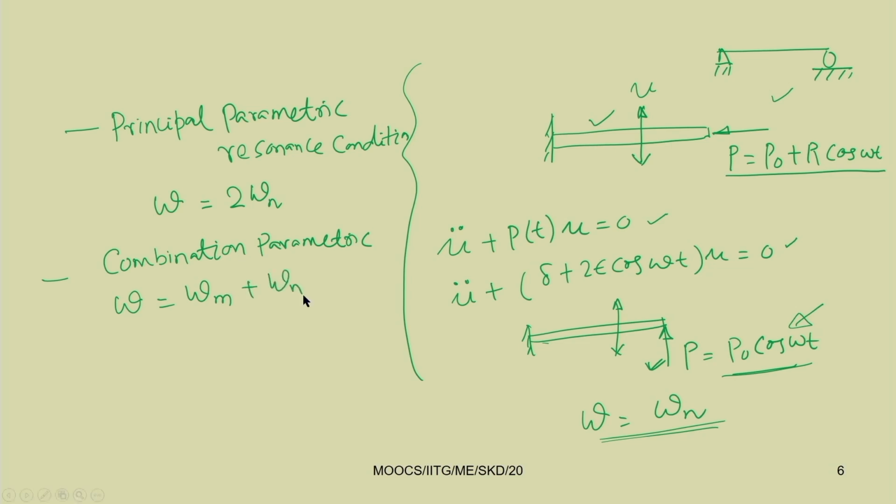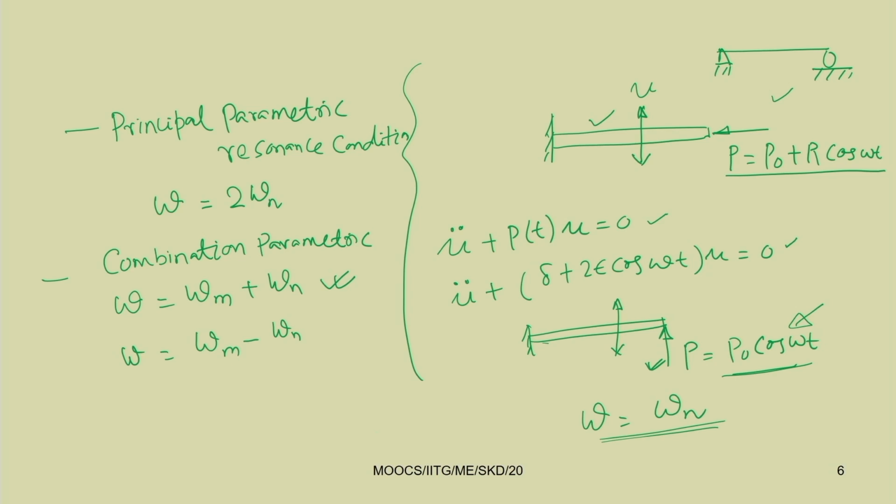This is combination parametric resonance of the sum type, and another one we can have is omega equal to omega m minus omega n. In this case, it is combination parametric resonance of the difference type. Here m and n can take any number, that is 1, 2, 3, 4, depending on the natural frequencies of the system.